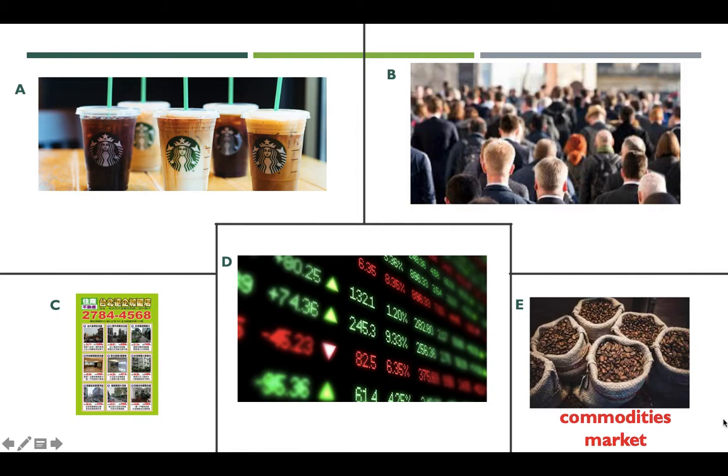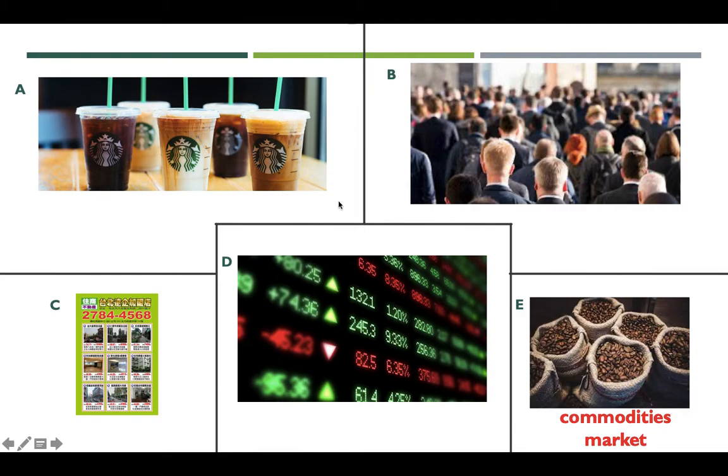A commodity market refers to a market that sells raw materials. For example, the drinks we enjoy in Starbucks all come from coffee beans. So the drinks are from coffee beans, which means the raw materials are coffee beans. So a market that sells raw materials is called a commodities market.